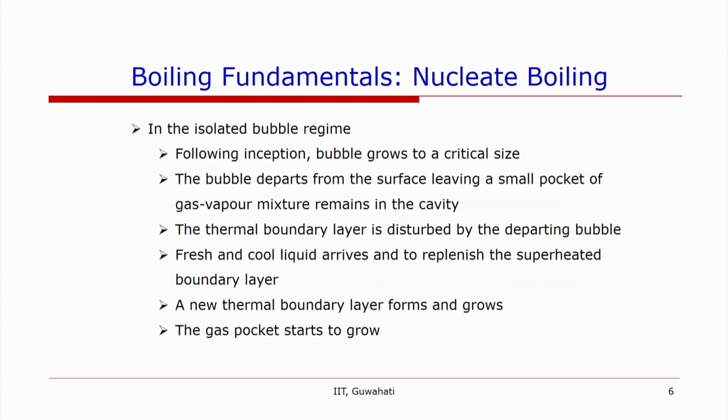So when there is one isolated bubble, during the heterogeneous bubble nucleation, after the boiling inception, the bubble starts growing and then it grows to a critical size, which is generally called the bubble departure diameter.